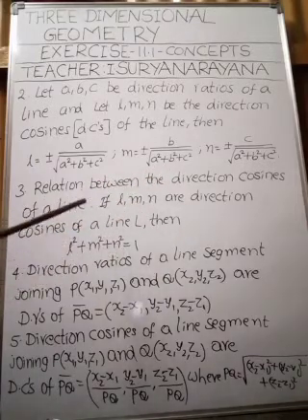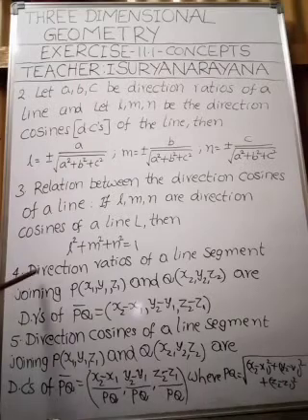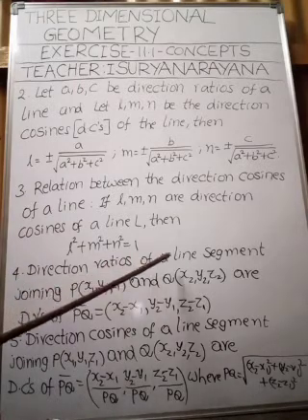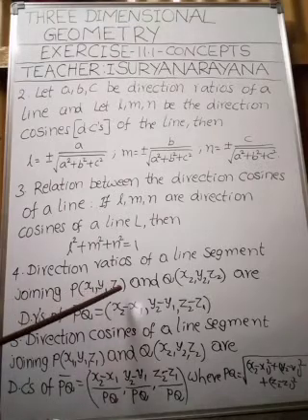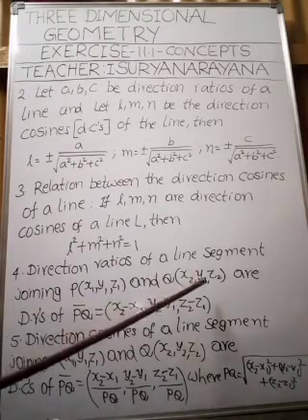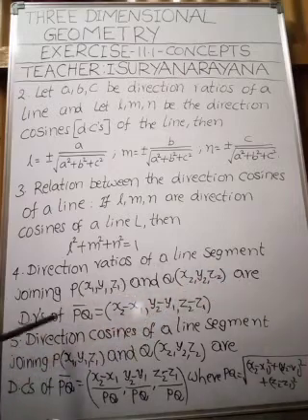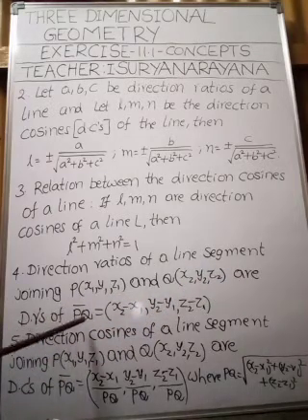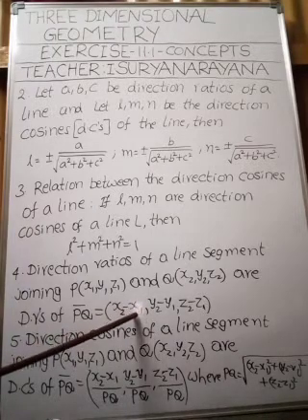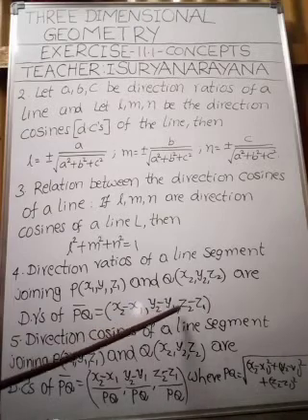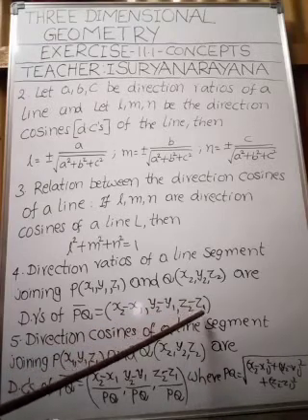Now come to the fourth point. Direction ratios of a line segment joining P(x1, y1, z1) and Q(x2, y2, z2), or direction ratios of line segment PQ, is equal to the ordered triplet x2 minus x1, y2 minus y1, z2 minus z1.